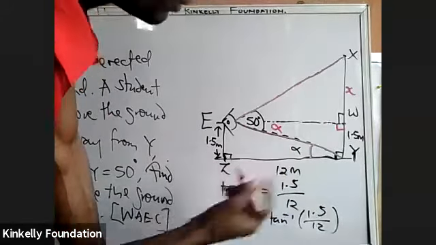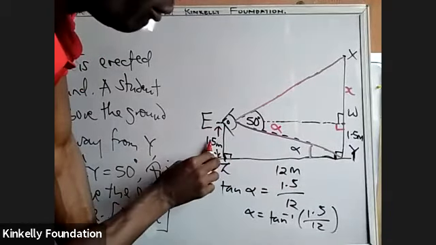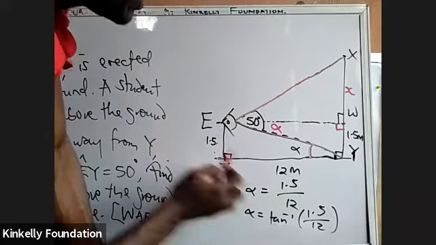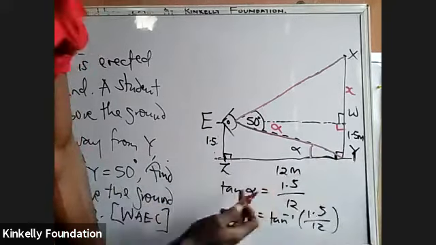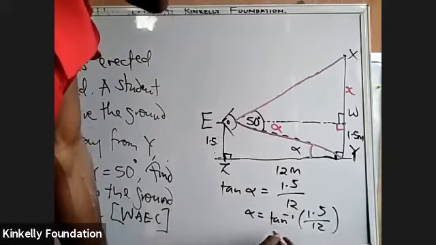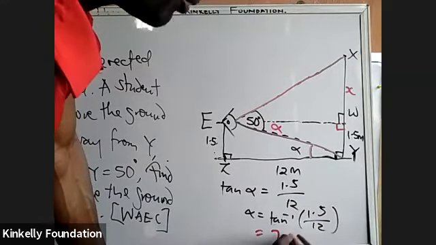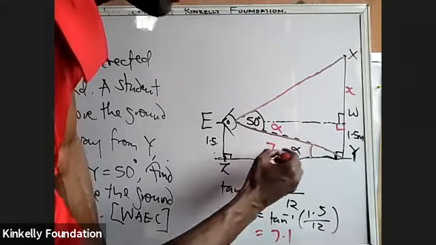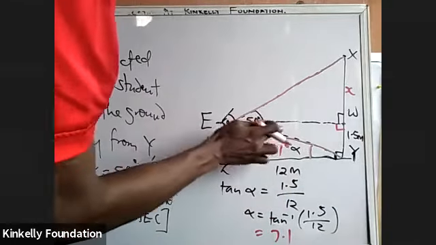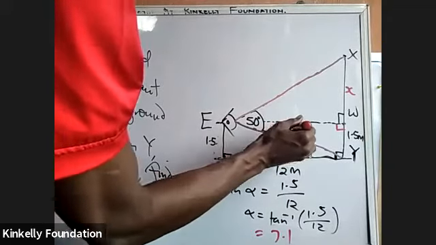To find this one, we've been given what? The opposite, which is 1.5. And then the adjacent, which is what? 12. Now, when you work on this, you see that tan inverse of this over this will give us 7.1 approximately. So here is 7.1, and this side will also be 7.1 degrees.